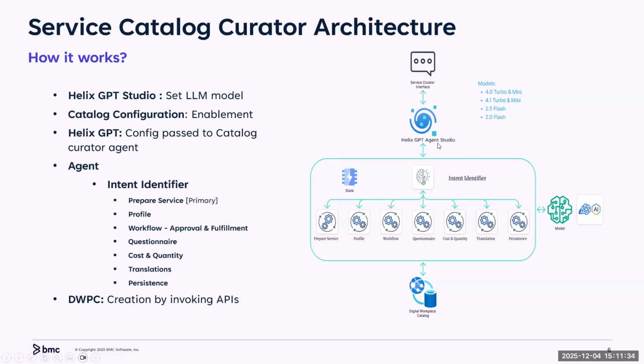So we speak with the agent, which is invoking the APIs of my digital workplace catalog, and then it is creating all the steps. When you need to create this catalog, you need to create the profile, the workflow, questionnaire, cost and quantity, translations. All of this is done through the APIs. And then what we have here is my service request in my catalog.